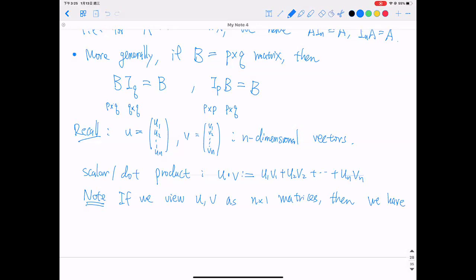If u is considered an n by 1 matrix, then you can take its transpose. This becomes a 1 by n matrix. Then you can matrix multiply with v, because v is an n by 1 matrix, right?